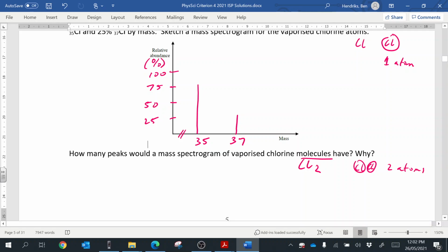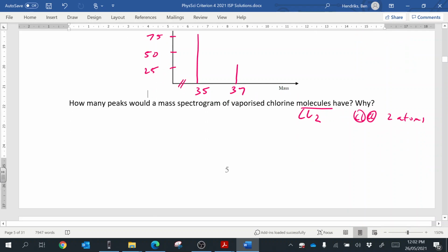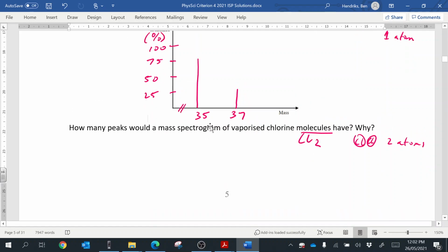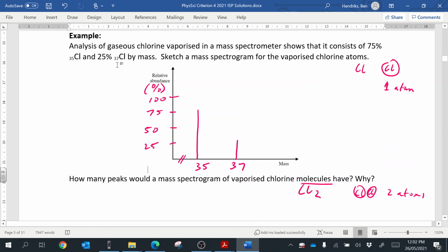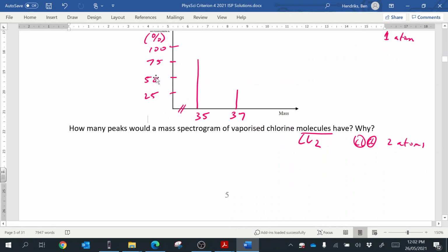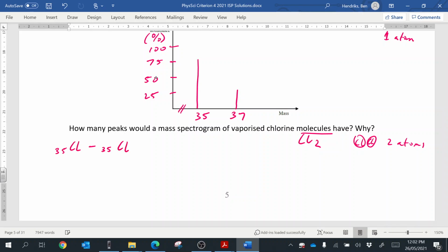So that means we can make it up of either, if we go back up, we have Cl35 and Cl37. So let's say we have two Cls here of 35. That has a mass of 70. If we combine a 35Cl with a 37Cl, this has a mass of 72.